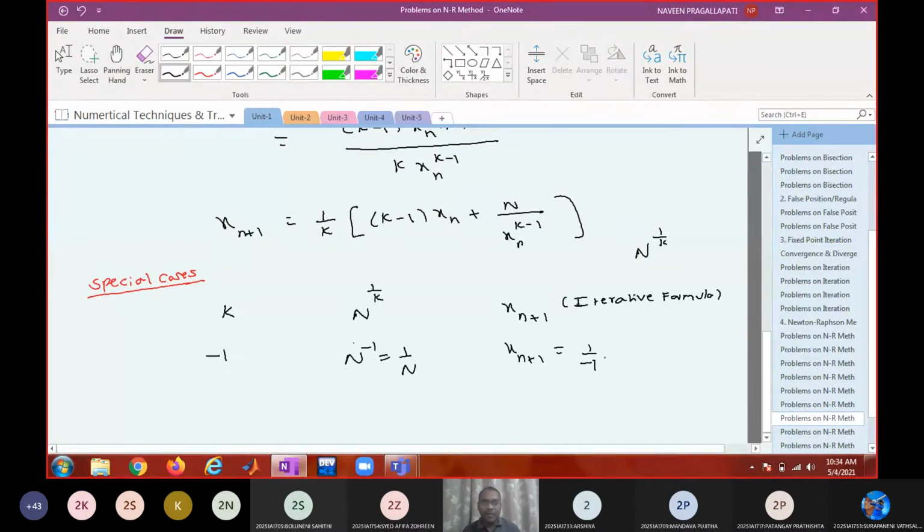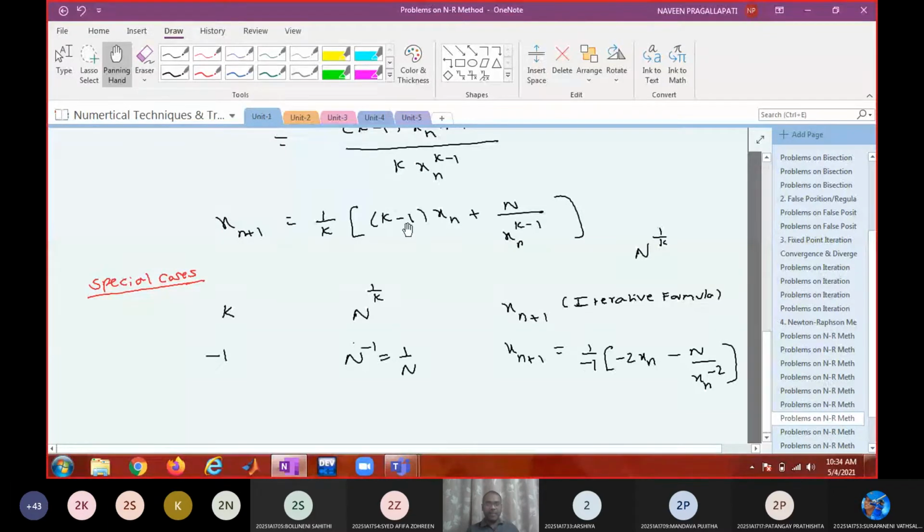1 by minus 1, minus 1 minus 1 minus 2 xn minus n by minus 1 by xn power minus 2. Am I right? Right or wrong? Simply substitute k equal to minus 1.